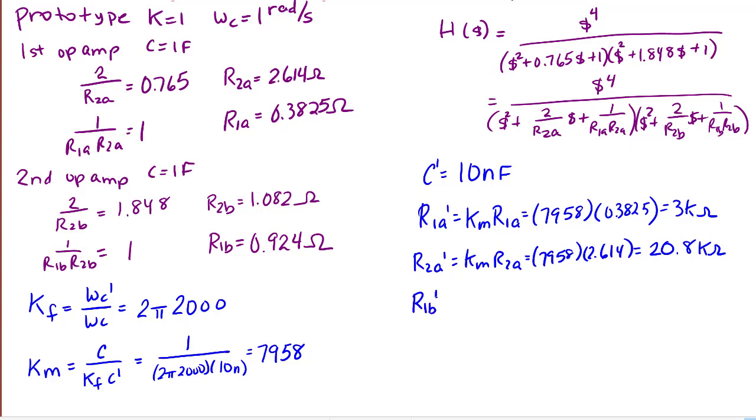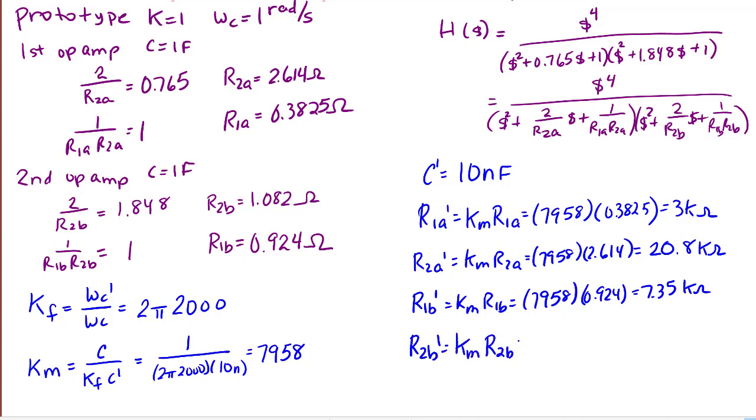R1B prime is Km times R1B, which is equal to 7,958 times 0.924, which is equal to 7.35 kiloohms. And R2B prime is equal to Km R2B, which equals 7,958 times 1.082, which is equal to 8.61 kiloohms.